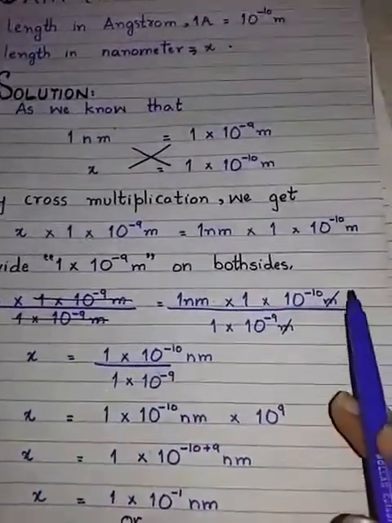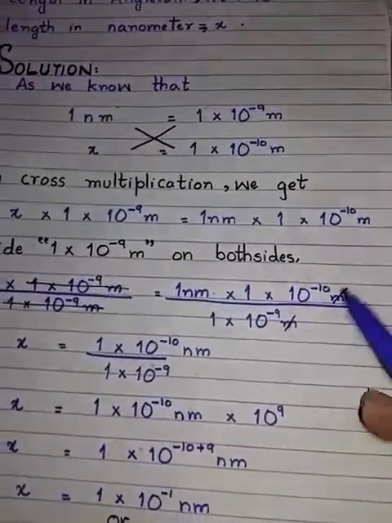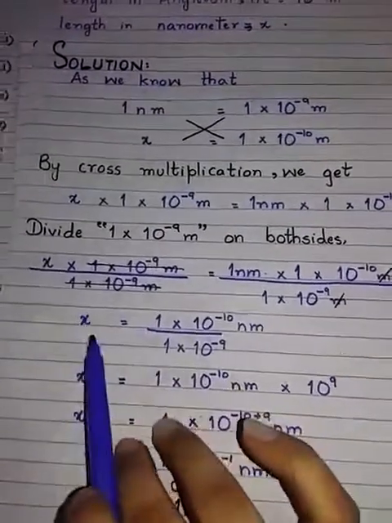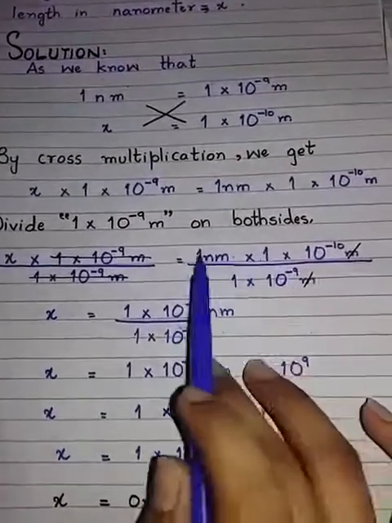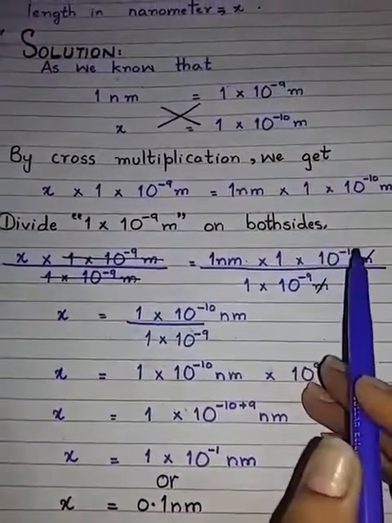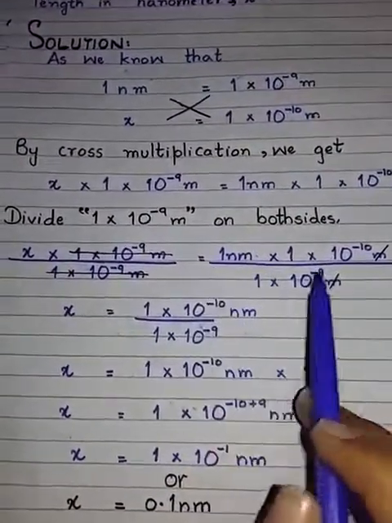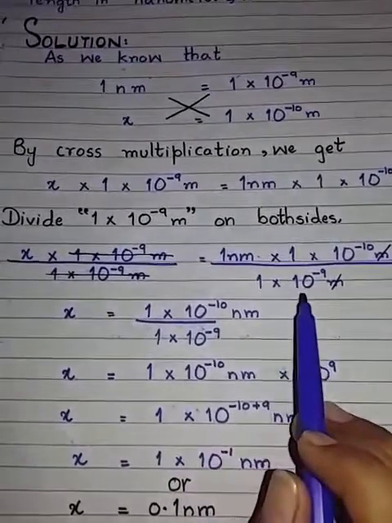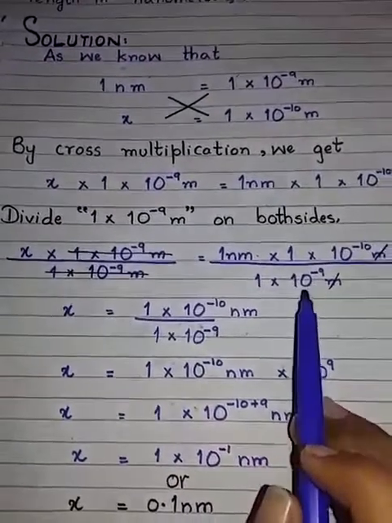Here first we cancel the unit, so meter cancels. x is equal to 1 multiplied by 1, which is 1, so 1 into 10 raised to power minus 10 nanometer divided by 1 into 10 raised to power minus 9.